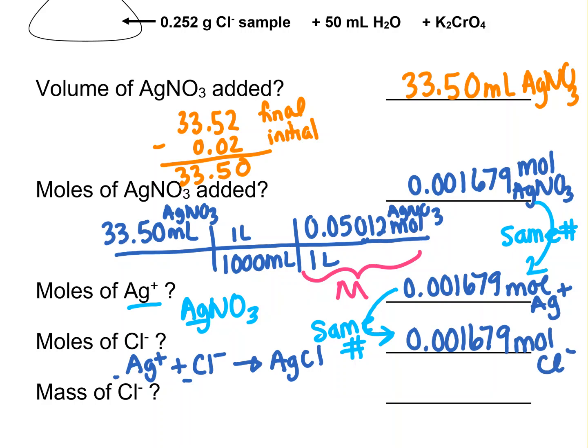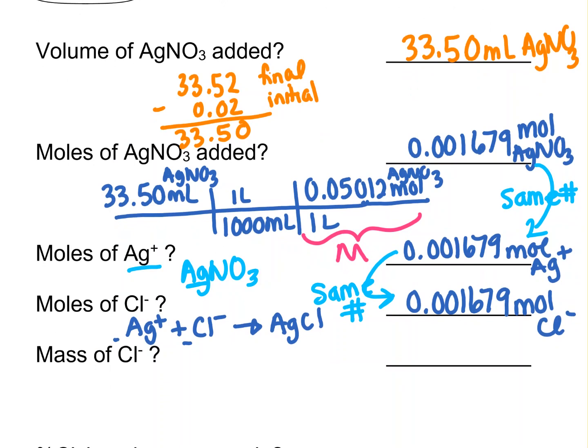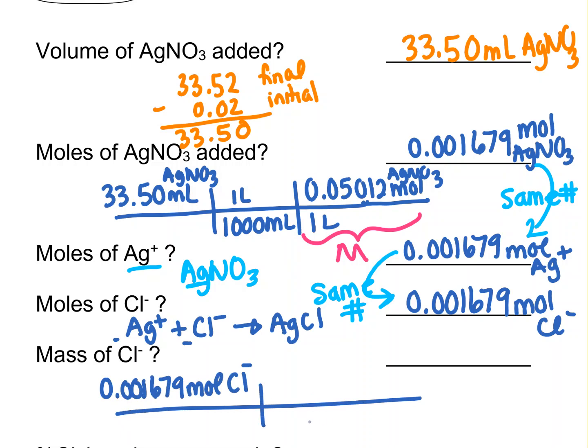And then we need to go to the mass of chloride because we're going to want the percent chloride by mass. So we need to go to grams. And then you might say, well, what do we use for the molar mass of chloride?